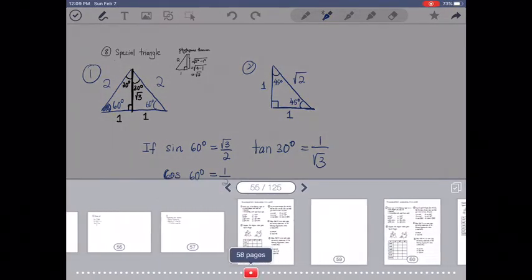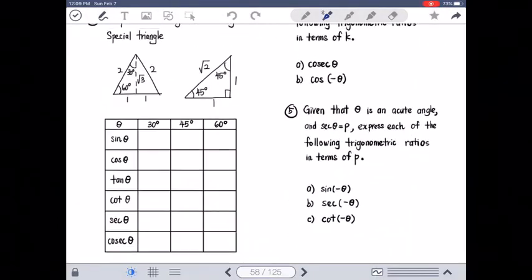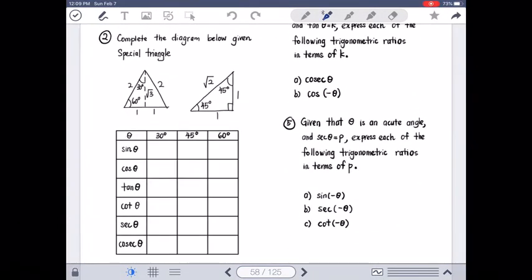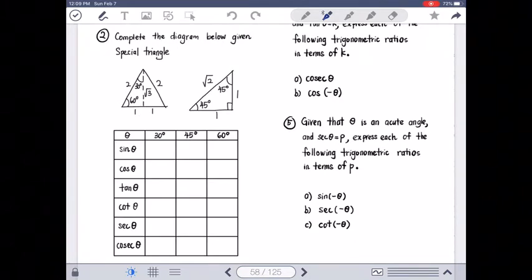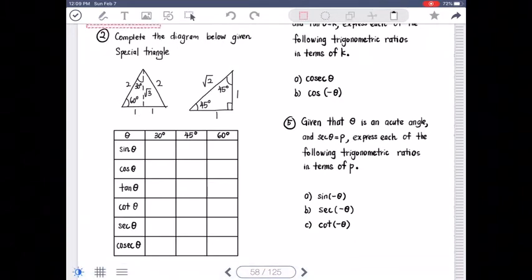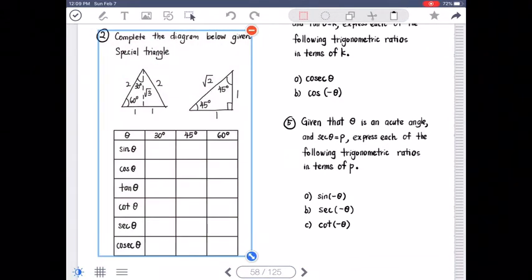If we want to complete this table here, complete the diagram below given the special triangle. Let me copy that down.